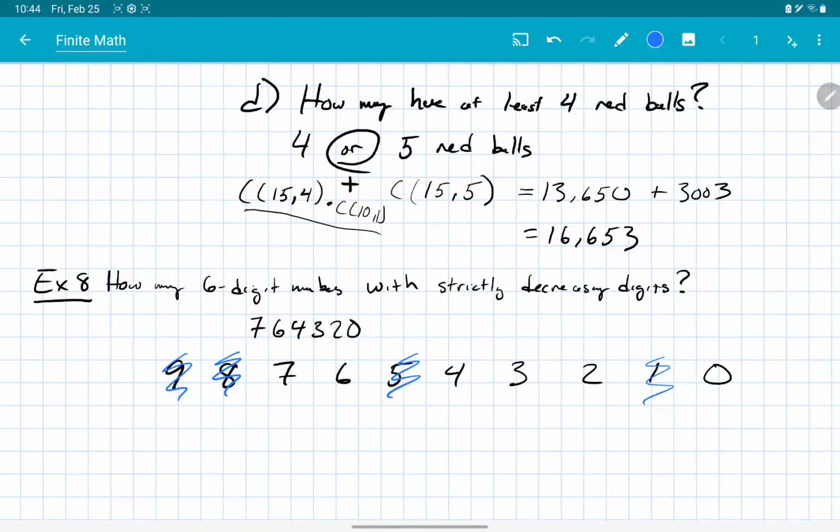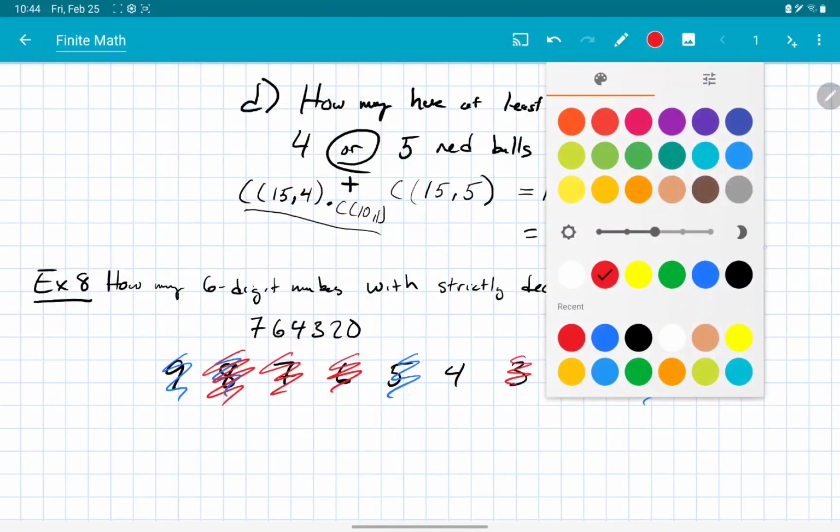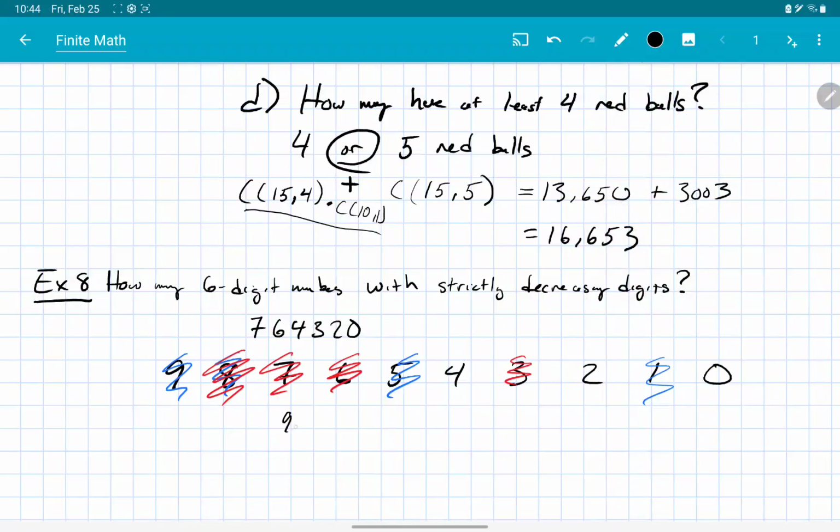Okay, by erasing the 9, 8, 5, and 1, I've created one of these numbers. Of course, I could create a different one by choosing to erase 4 different numbers. I could erase the 8, the 7, the 6, and the 3, and that would lead to the number 9, 5, 4, 2, 1, 0.